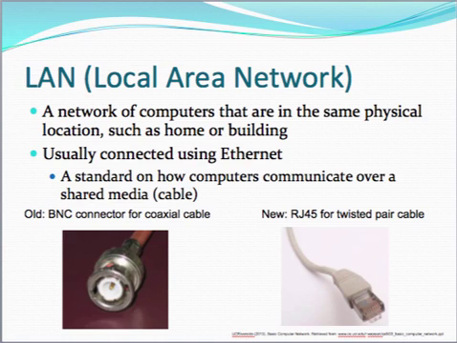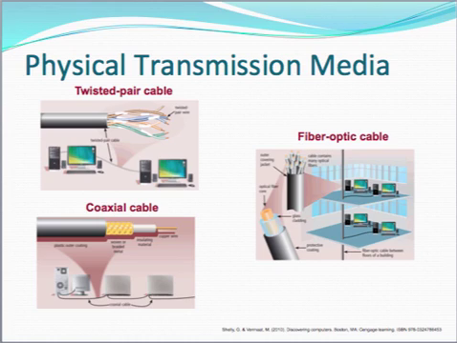And nowadays, if we're going to build a LAN, a local area network, we will use this kind of connector. And in terms of physical transmission media, we can use a twisted pair cable, we can use coaxial cable or fiber optic cable. Okay.